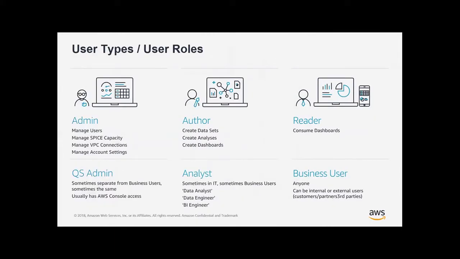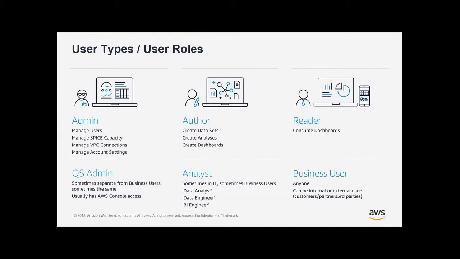So in terms of the user personas and roles that you have within QuickSight, on the top section there, those are what we call them in QuickSight. And on the bottom, those would be what they translate to within your organization. Admins are going to be setting up the account, controlling what kind of authentication there is, like should we do single sign-on with one of our other single sign-on platforms or Active Directory, or do we just want to invite people via email?